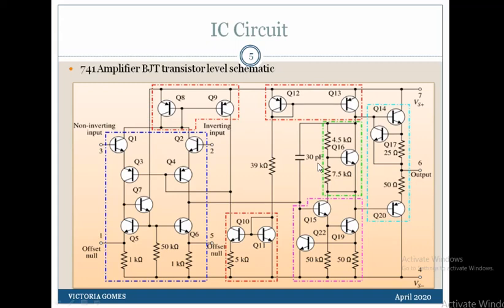For this reason, IC designers cannot use coupling and bypass capacitors the way a discrete designer can. Instead, the IC designer has to use direct coupling between stages and also needs to eliminate the emitter bypass capacitor without losing too much voltage gain. The differential amplifier is the key.